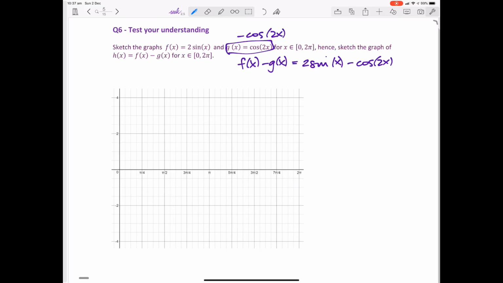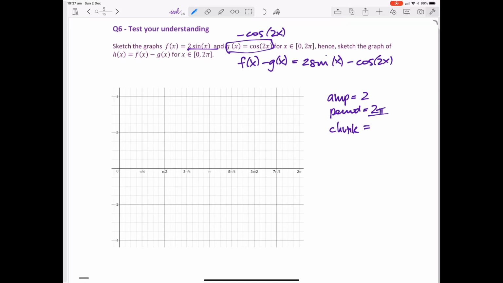Okay, so first off, let's start with 2 sine x. It's got an amp of 2 and a period of 2 pi. And then it's got what I call a chunk, which, if you want to look up on YouTube, there's videos on how I use the chunk method. We just divide the period by 4, so 2 pi on 4, which is pi on 2. So that means every quarter of the graph occurs for pi on 2.